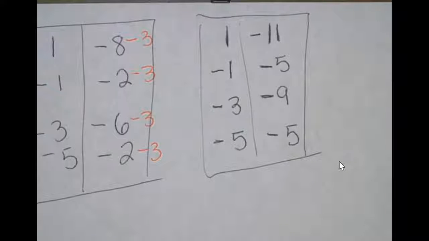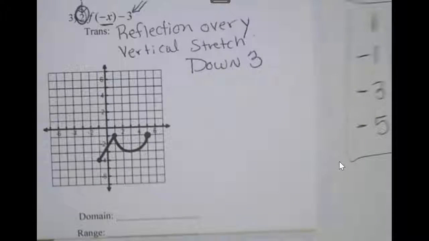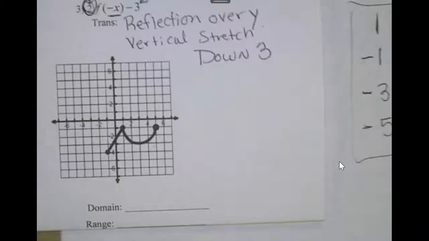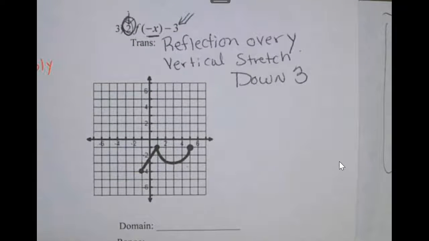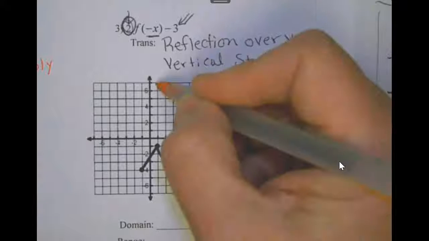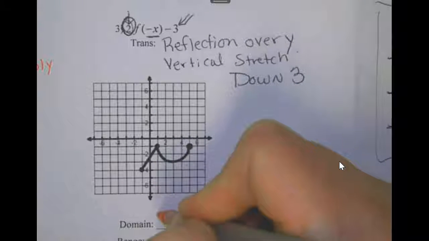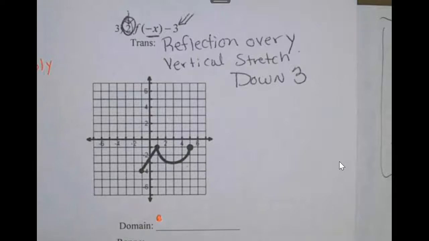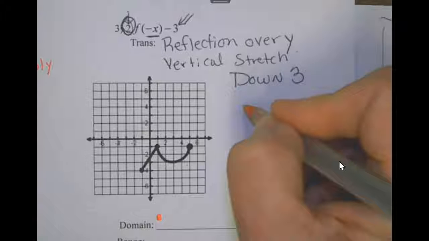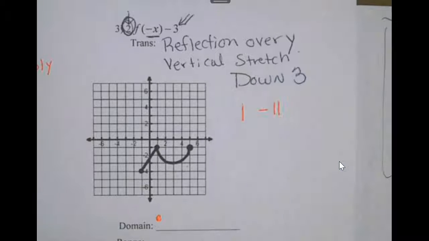But I got a problem. I can't graph a negative 11 on this graph paper right here. So what I can do is I can make a pretty good estimate of where the 11 would be. It would be way down here. That is the best I can do for the first point, 1, negative 11.